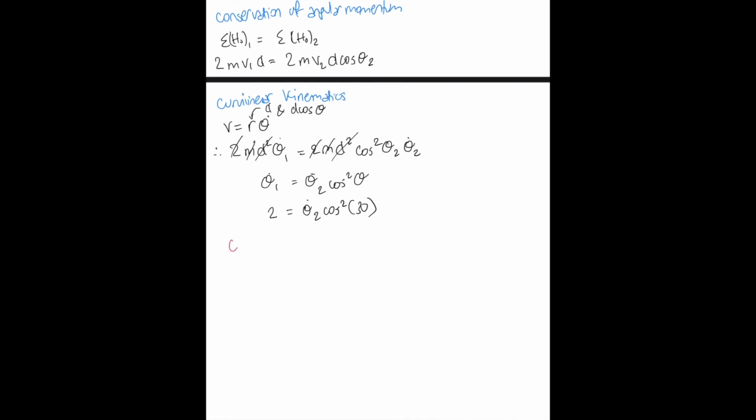So it becomes 2 m d squared cosine squared theta 2 multiplied by theta dot 2. Most of these things are going to cancel out, and we're left with theta dot 1 is equal to theta dot 2 cosine squared theta. We're going to plug in our known values to get a final answer for the angular velocity of 2.67 per second.